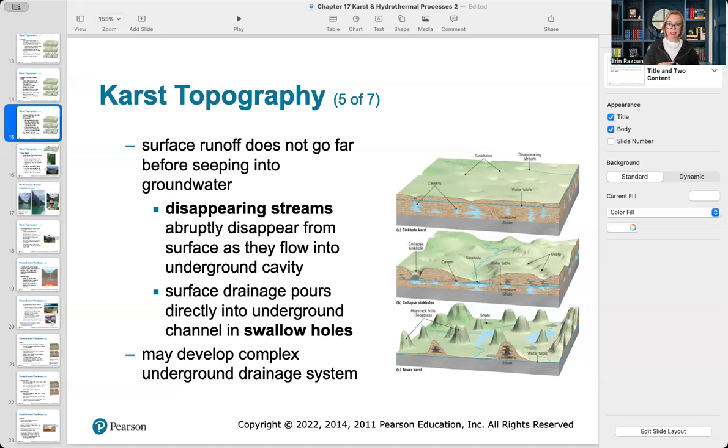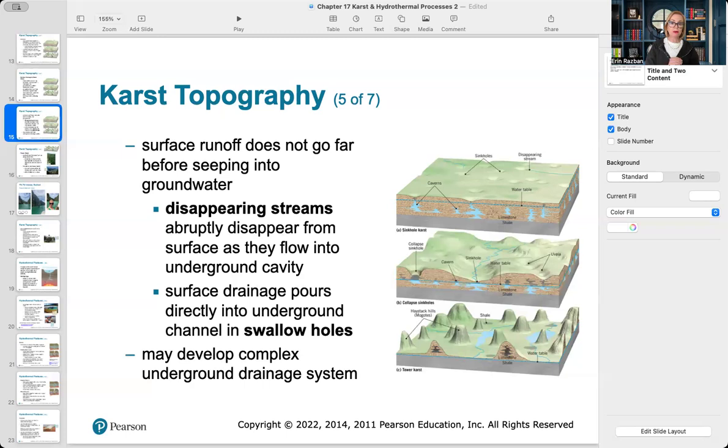So karst landscapes are notable not just for what they contain, but what they lack. Normal surface drainage patterns are what they are lacking. Instead of surface drainage flowing in streams and rivers, water typically collects in these sinkholes and slowly percolates downward into the ground.